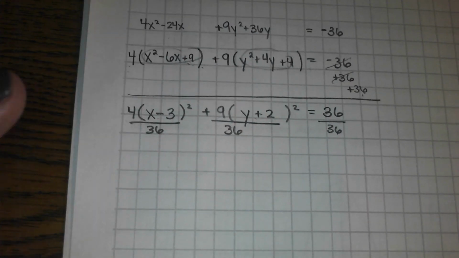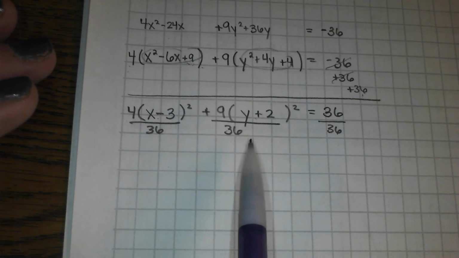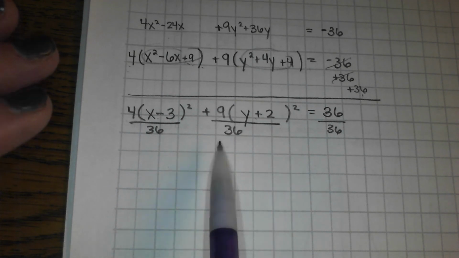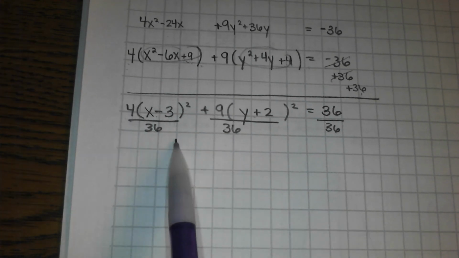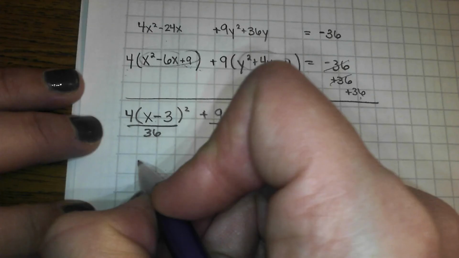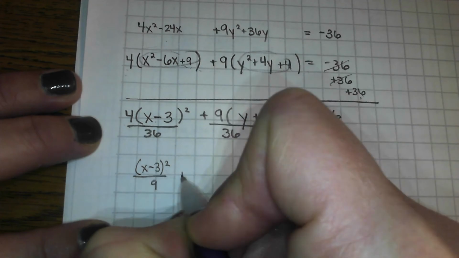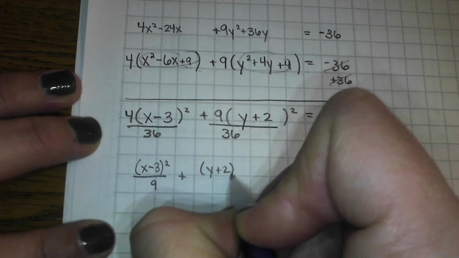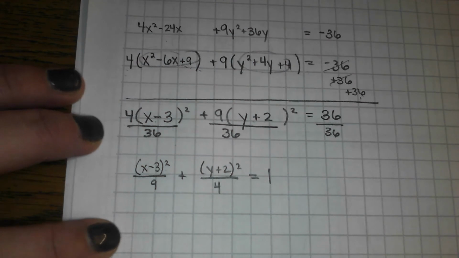And they write these nicely enough where these will always reduce to a nice fraction. Like, it should never be 5 over 36, so then your numbers would be way too ugly. So this becomes x minus 3 squared over 9, and this is y plus 2 squared over 4 equals 1.